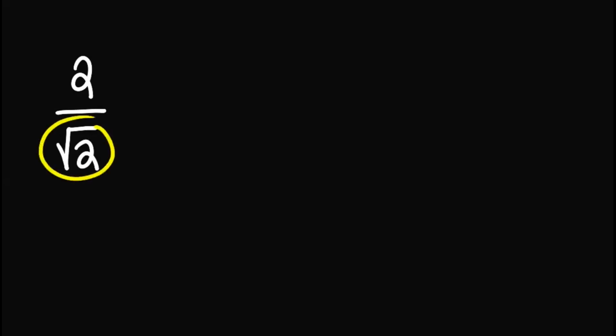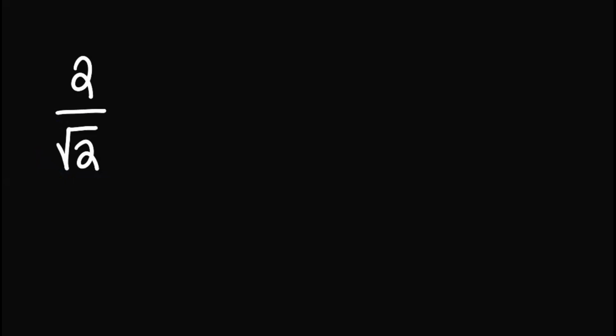So let's have this first example. Let's have 2 over square root of 2. Now, how do we remove this radical in the denominator?